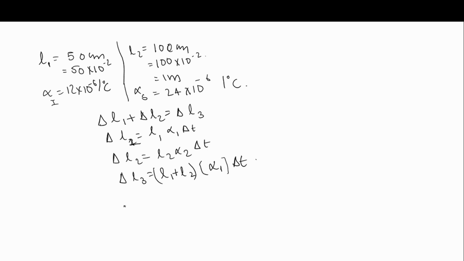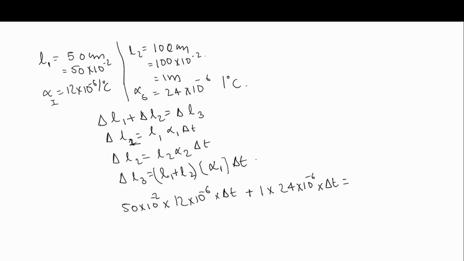L1 is 50 into 10 to the power of minus 2 into alpha of iron, which is 12 into 10 to the power of minus 6, into delta T, plus delta L2, which is L2, that is 1 meter, into alpha, which is 24 into 10 to the power of minus 6, into delta T, is equal to delta L3.